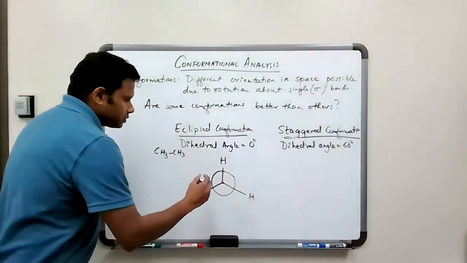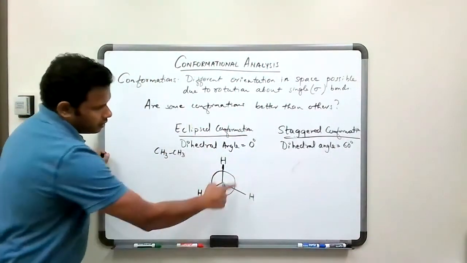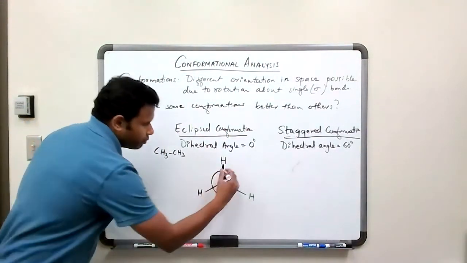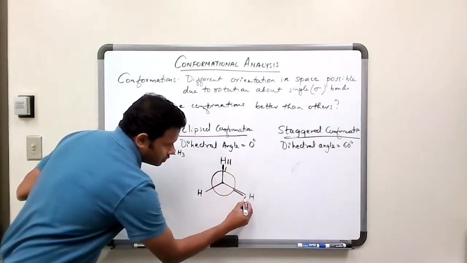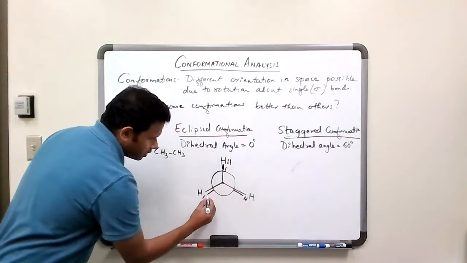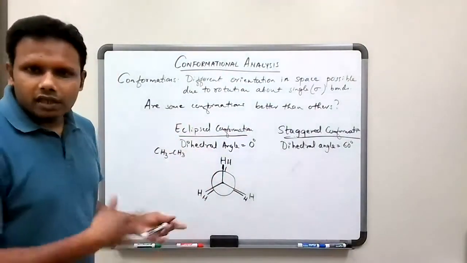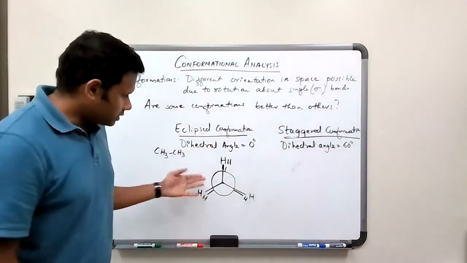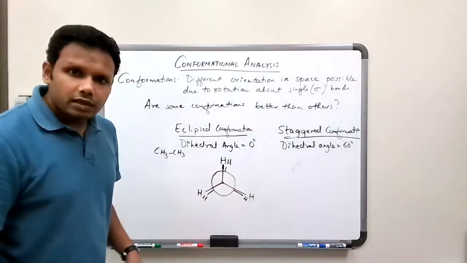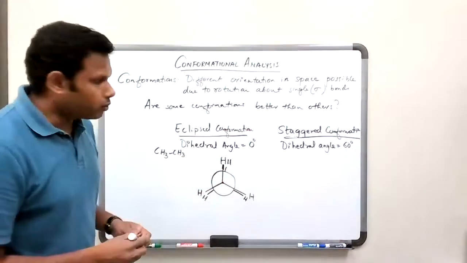So the way we show that in our drawings is that's our front carbon, and on the back carbon we draw bonds right next to these bonds and say that they are eclipsed. They're exactly behind. That is what we're trying to say, to the best possible extent. So this is an eclipsed conformation, and the dihedral angle here is 0. That means there's no angle at all.